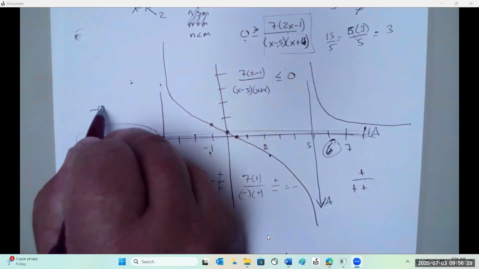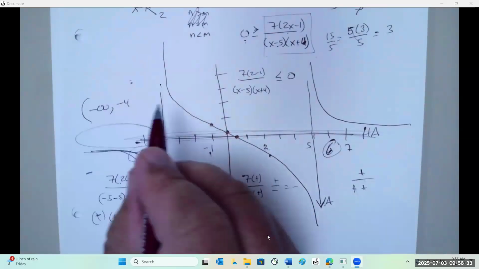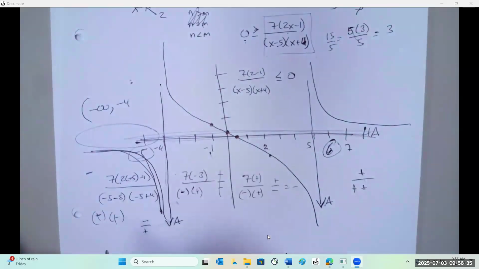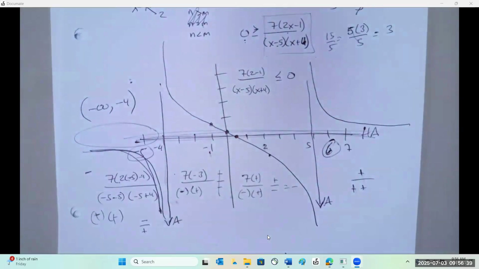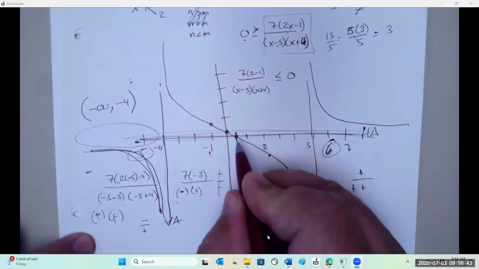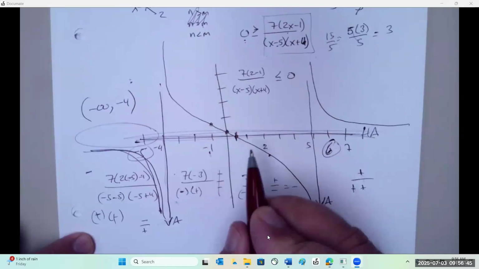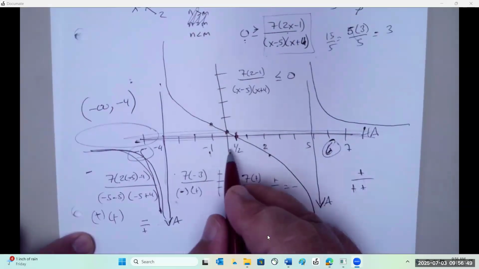So from -infinity to -4. Can I use -4? No, it's a vertical asymptote. Then from my x-intercept at 1/2, can I use that value?